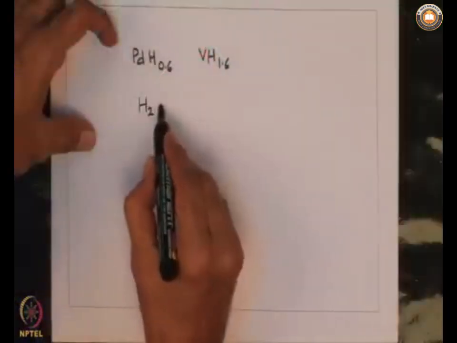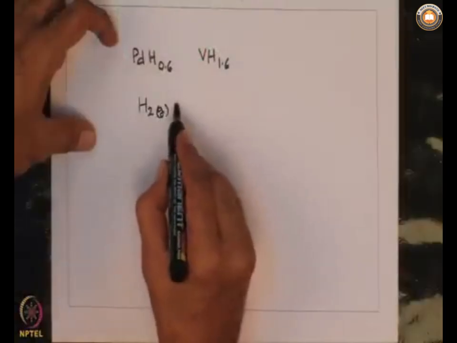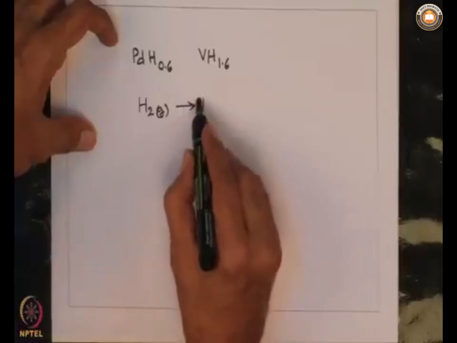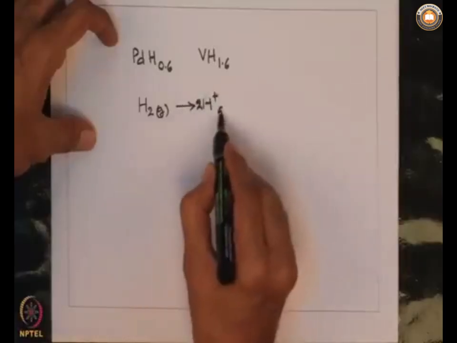Okay. Compounds containing H plus are essentially obtained when we remove the electron from a hydrogen atom. Conversion of H2 into gas phase H plus requires a large amount of energy. It is not easy to convert. For example, for H2 gaseous element, we have to take out 2 electrons to form 2 H plus ions.